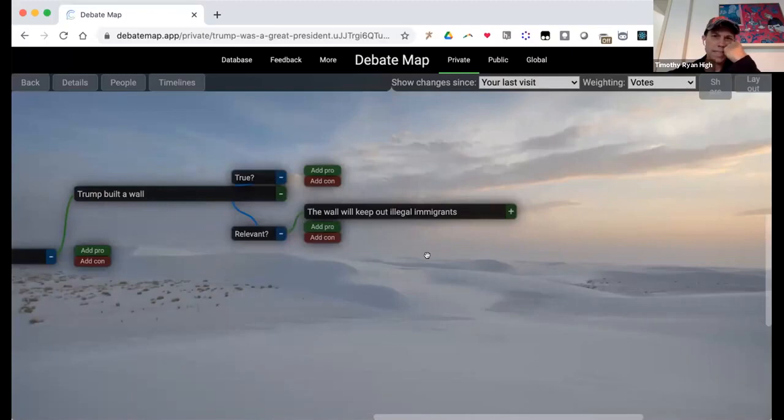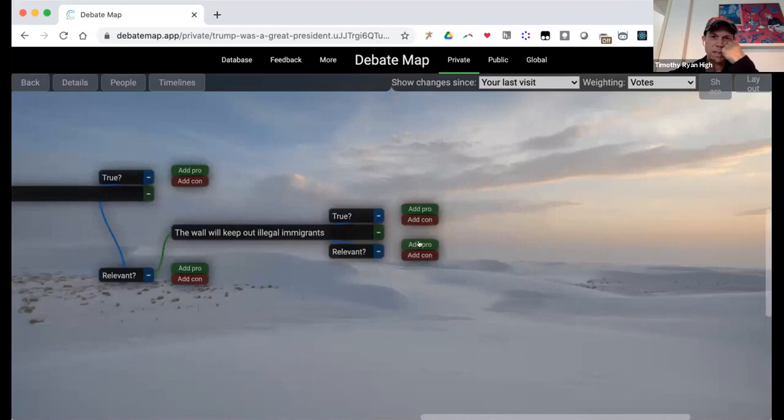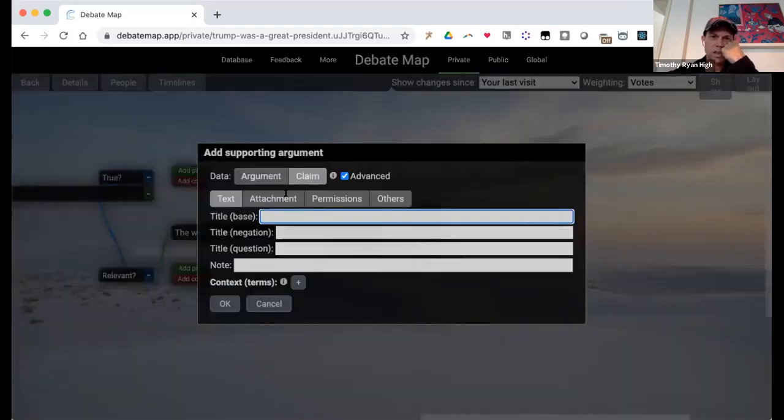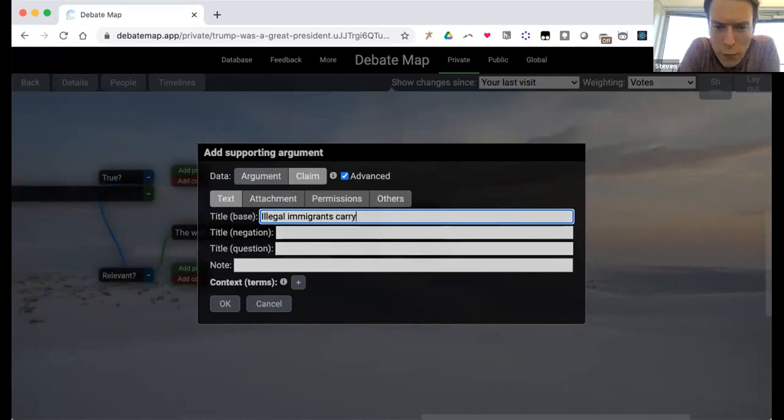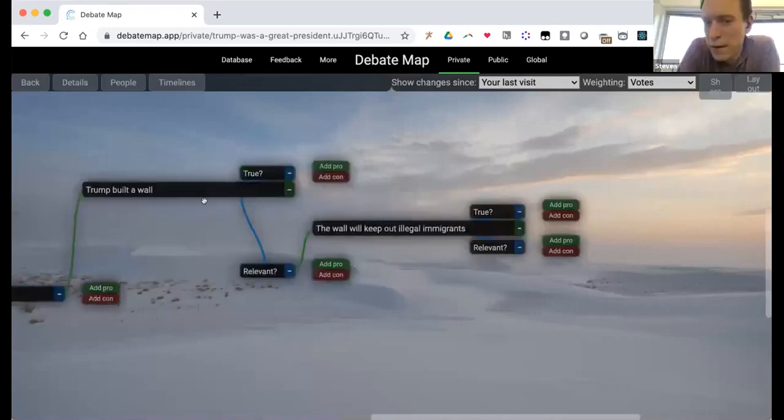So does that go here? It's a support of the support that illegal immigrants could carry disease. What you're adding, isn't this for relevance? Well, yeah, that's the question. Where would you put this one?